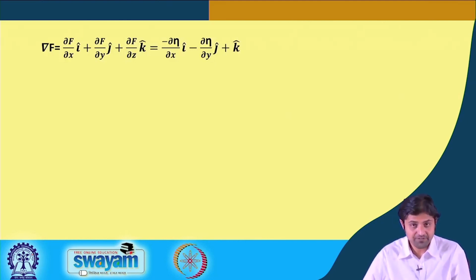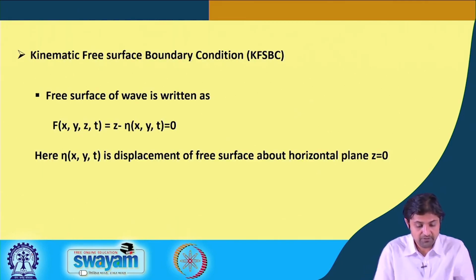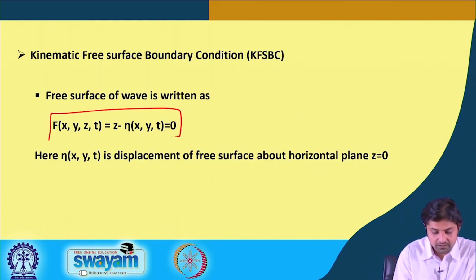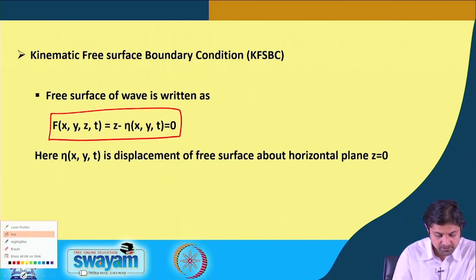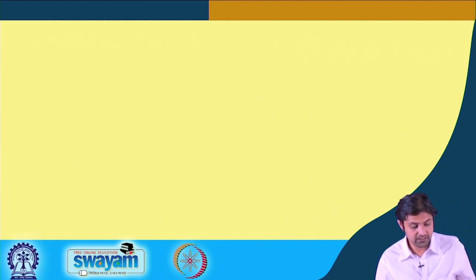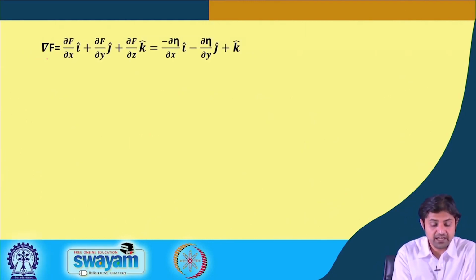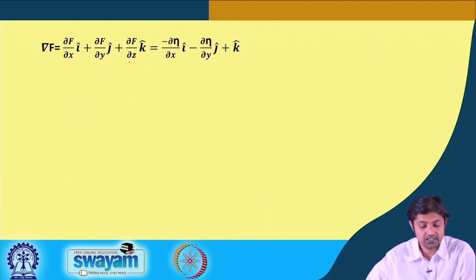So we are going to apply the same conditions, the kinematic boundary conditions. We start calculating delta f, because we already have an equation f here. First step is always calculating delta f. So delta f is going to be delta f delta x i cap plus delta f delta y j cap plus delta f delta z k cap.